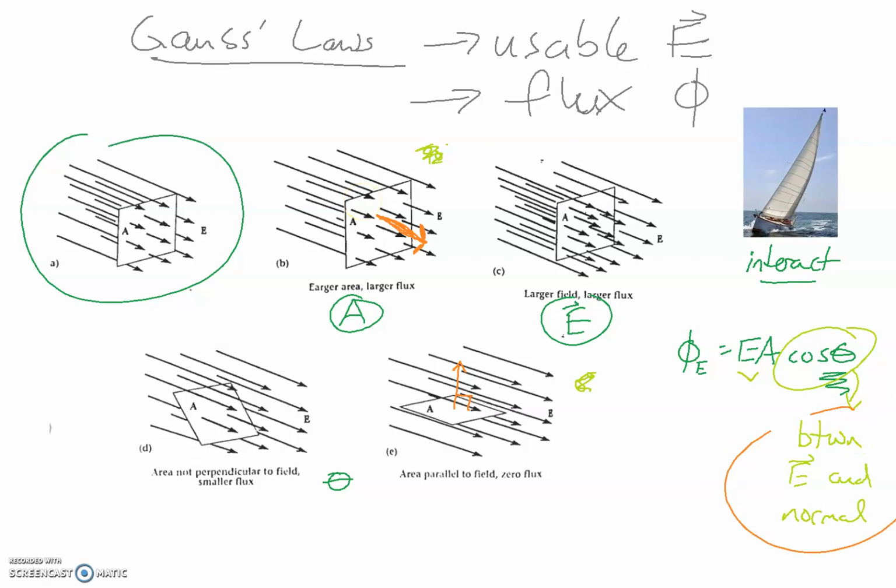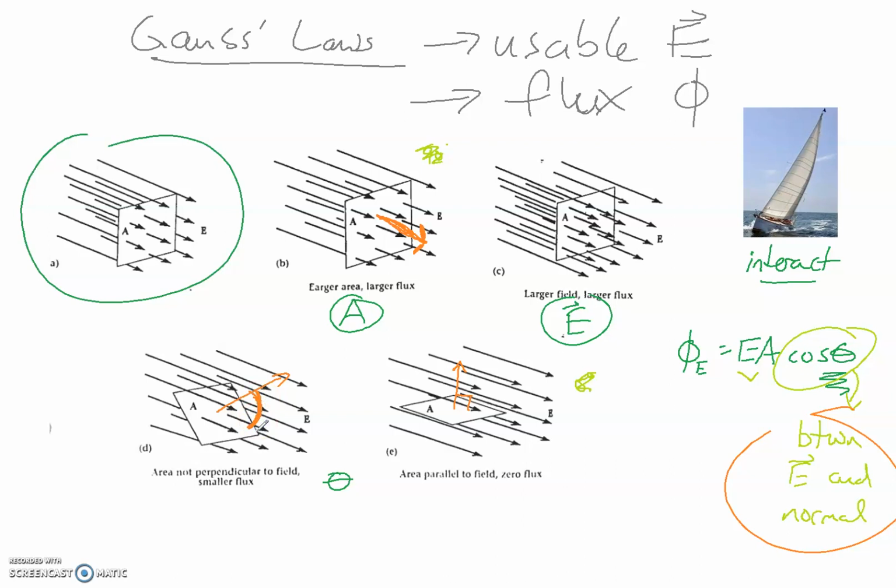So you have to be careful: the angle is between the field and the normal to the area, not between the field and the actual area. There are nerdy math reasons where this comes from, but we're not going to worry about that. Same thing for this one here. This one would have a normal vector coming out here, and that angle would be measured something like this.